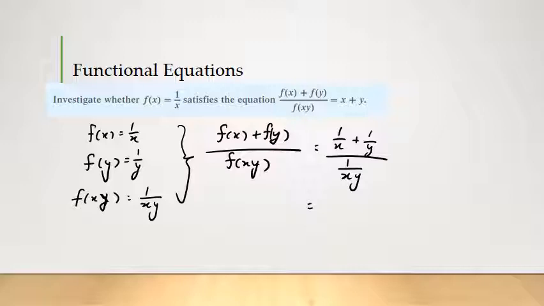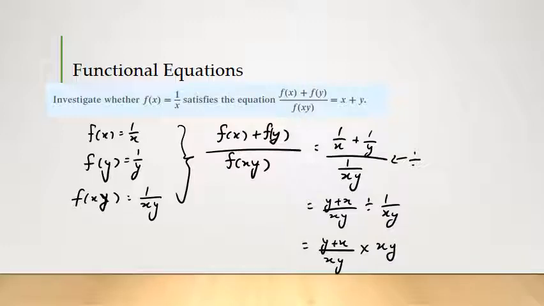If we add the two on the top, we get y plus x over xy. Now, remember this sign means divide. So divided by 1 over xy. Remember, you keep the first fraction, change the second one to a times, then flip it. The xy's cancel, so we get y plus x, or in other words, x plus y. So we can see it satisfies.